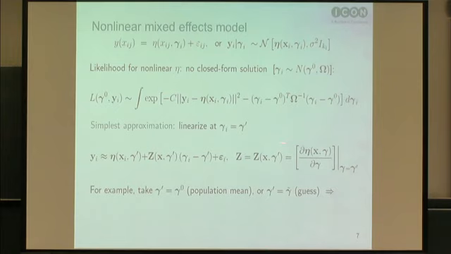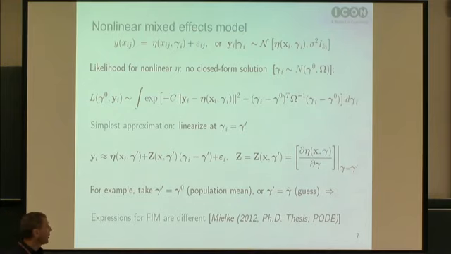For example, you can take the population mean, or you just take an arbitrary guess. An interesting thing is that depending on the selection of your gamma prime, you get different types of approximation. This was covered actually by Tobias in his PhD thesis, and then he presented a talk several years ago at PODE. So it may seem kind of strange at the beginning, but it is what it is.